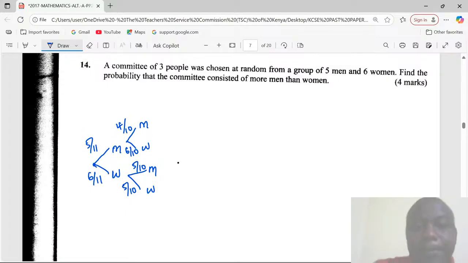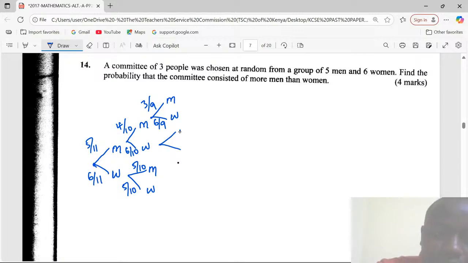Look at this. The third and the last selection, if we had picked a man here, we can still pick a man again or a woman. So picking a man for the third time now goes down to 3 over 9, which means for a woman, that should be 6 out of 9. If we had picked a woman, we can pick a man or a woman once again.